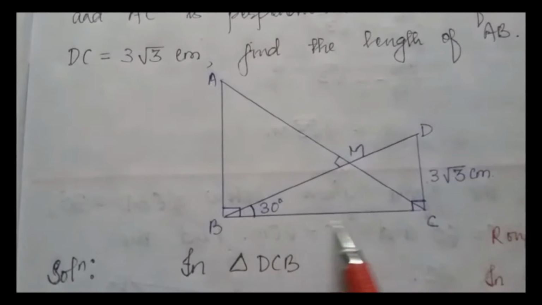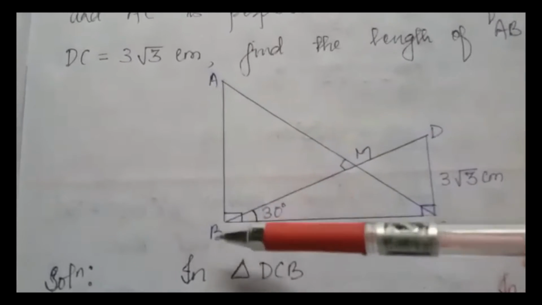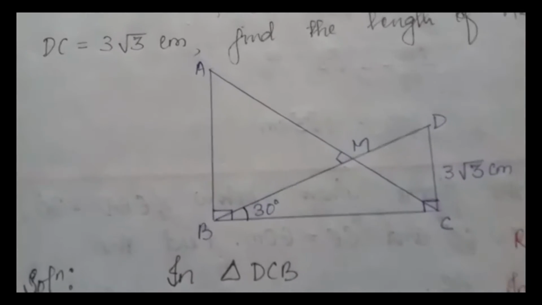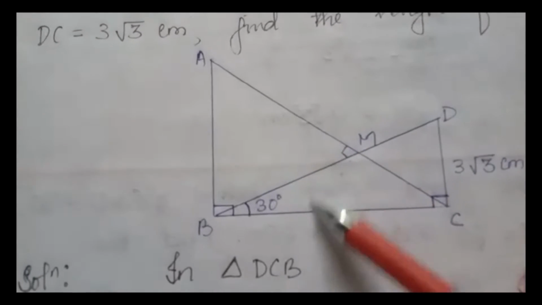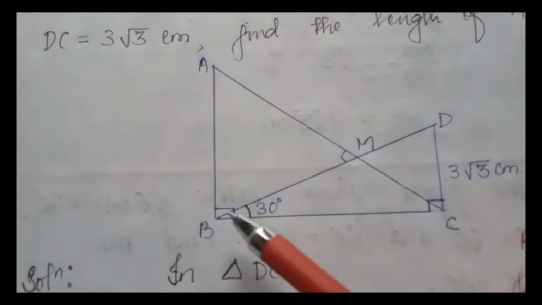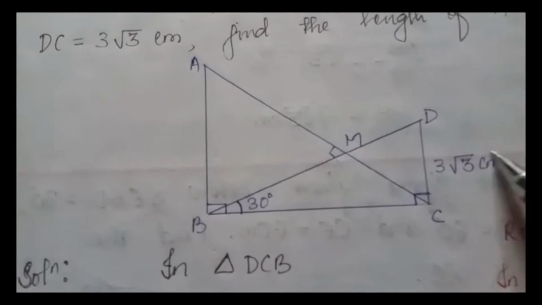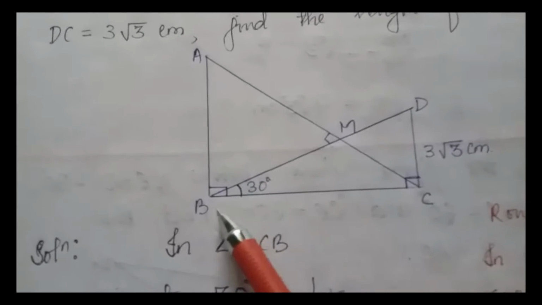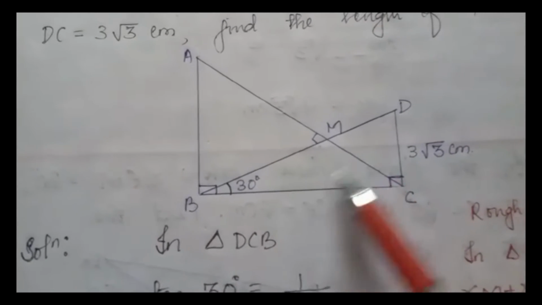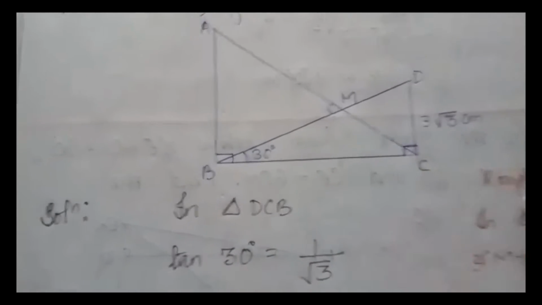If we can find the base, then we can find this perpendicular. So our first step is to consider this triangle. In this triangle, we have the value of the perpendicular and we know the value of theta, so we can easily find the base BC.